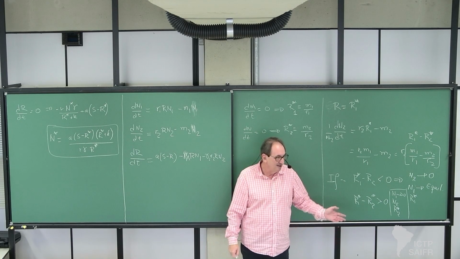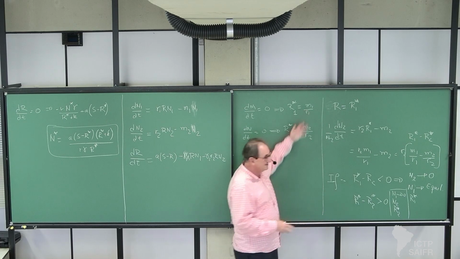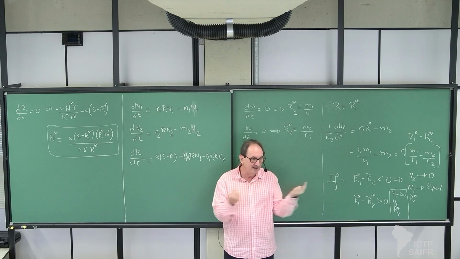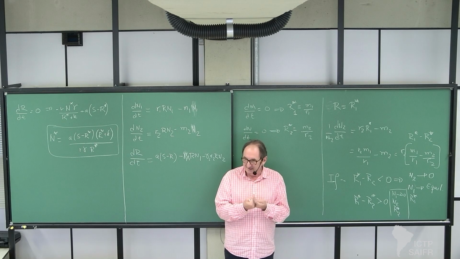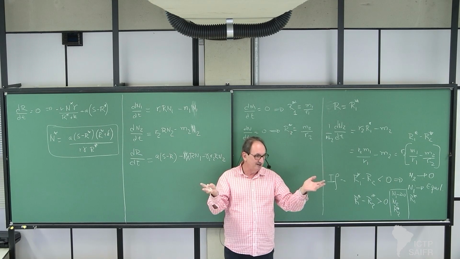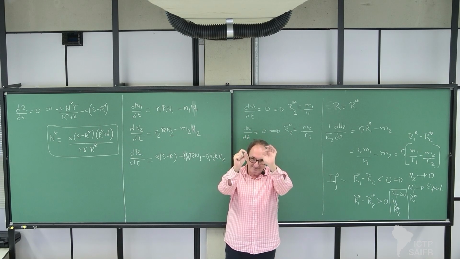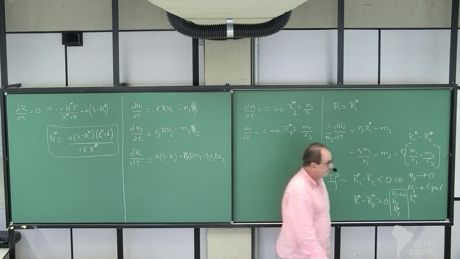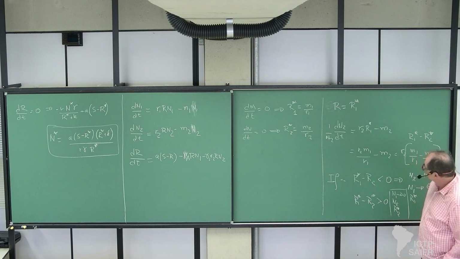This is what we call non-generic: something that happens only for a particular combination of the parameters. So this would not be valid for species in general, only for certain very particular species in the world. That's why we don't consider this now.